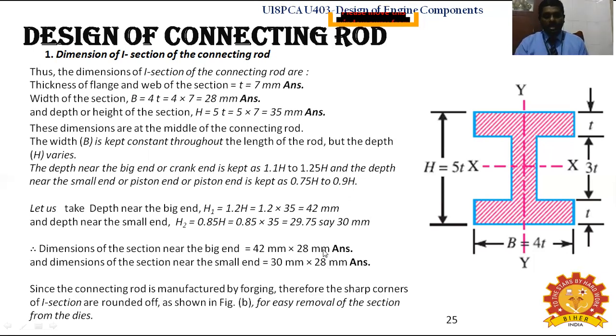Now the connecting rod is manufactured by forging. Therefore, the sharp corners of the I section are rounded off, so that for easy removal of the section from the die, it is required to round it off. This sharp portion you have to round off because it is manufactured by means of forging, so the sharp corner should be rounded off like this. So the I section will be rounded off.